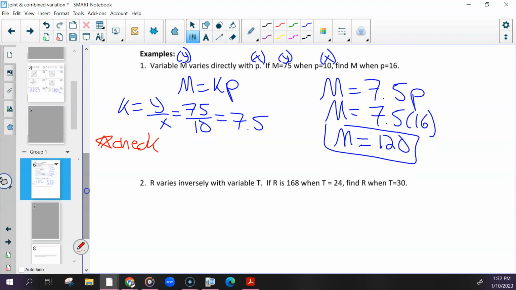So if we take 120 and we divide 16, we should get 7.5. Do we get 7.5? Yes. So you know that works. Questions on that one before we move on?